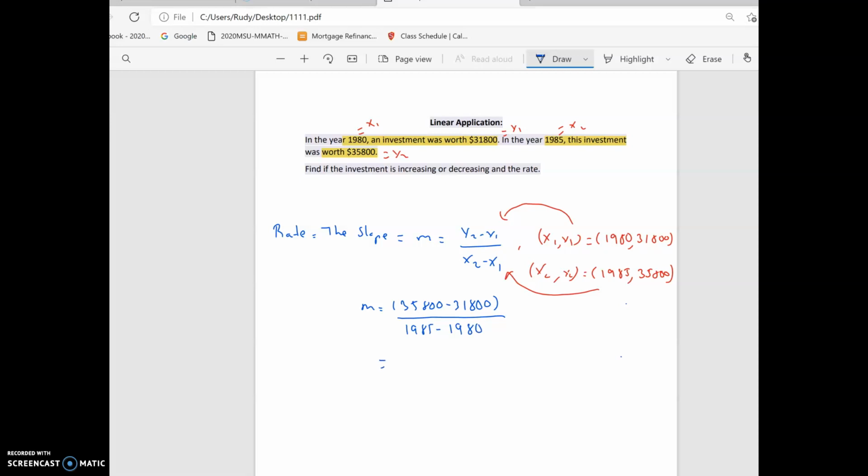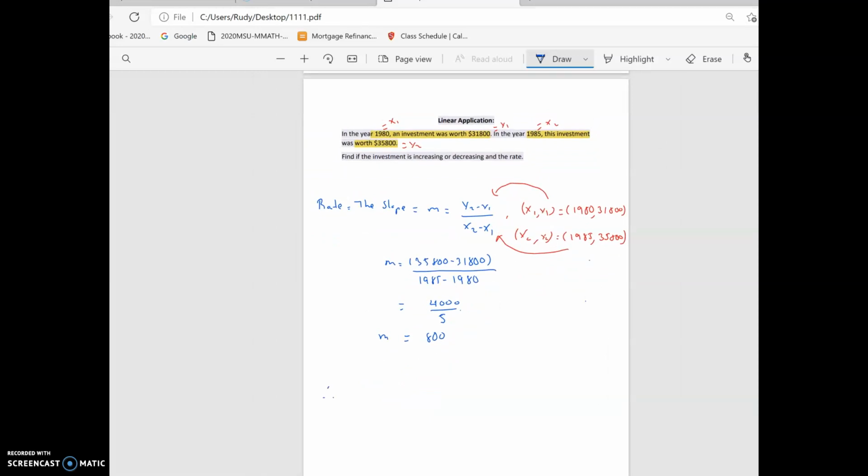On the top, it's just going to be 4,000, and on the bottom, it's just going to be 5. And in this case, I'm getting that this is 800.